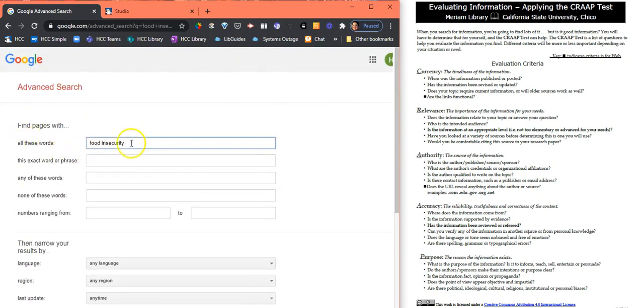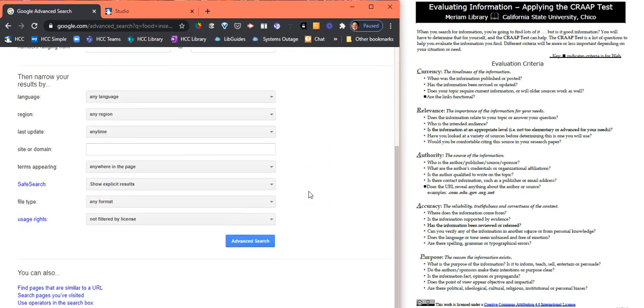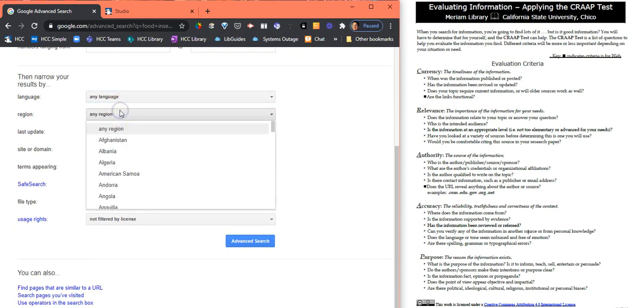We can find, with the same words, food insecurity. I can put in another exact phrase, any words that I want to find. Numbers ranging, I could put in dates.